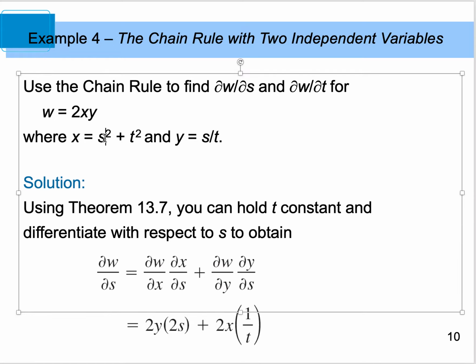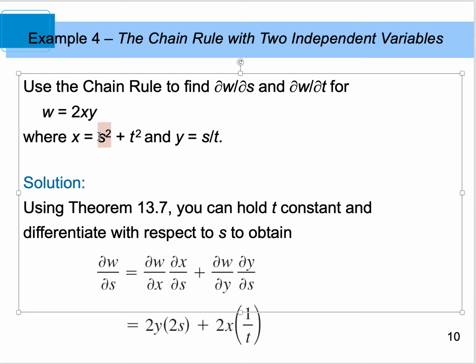So because it's dx ds, I'm treating s as the variable and t as a constant. So that means that it's 2s, and the derivative of t squared is actually going to be 0. Plus, then I'm going to differentiate where I'm going to hold x as the constant. So then the derivative of 2xy, where y is the variable and x is the constant, is just 2x.